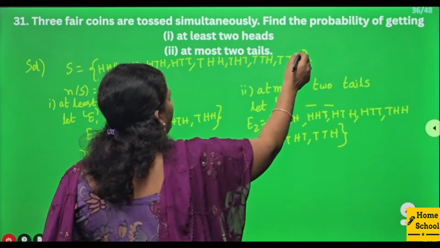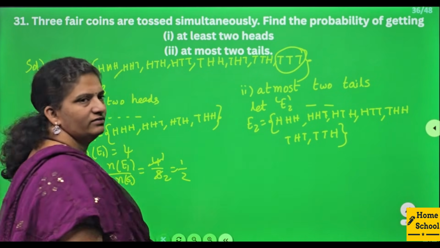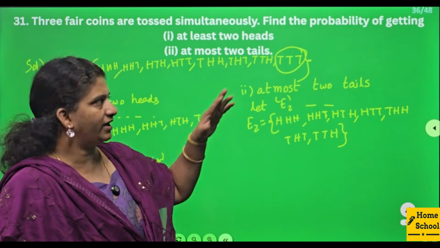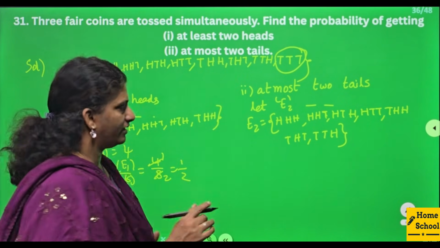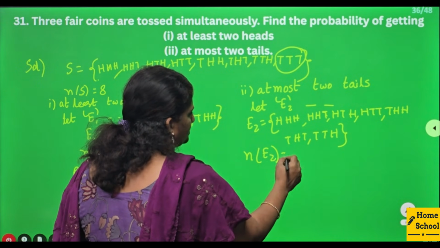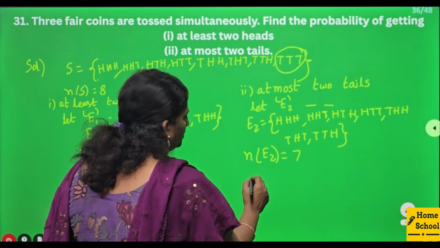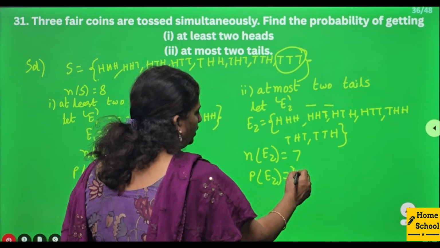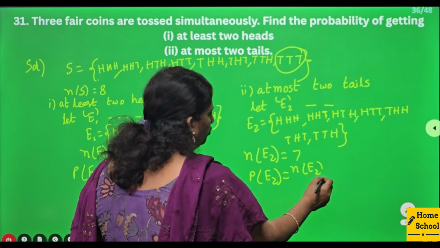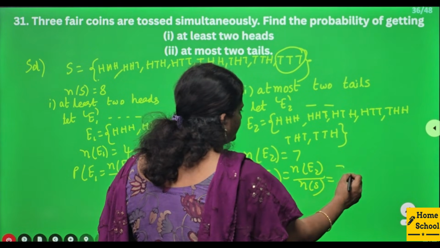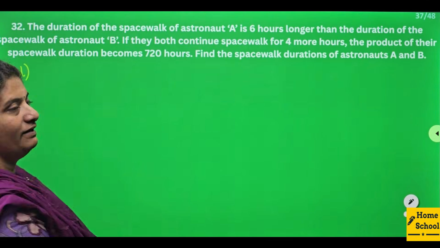Here we did not write only this one. At most 2 tails: 2 tails, 1 tail, no tail you have taken. So 3 tails I did not take. Therefore, total number of events is equal to 7. Probability of getting this event, P of E2, is equal to n of E2 by n of S. That is equal to 7 by 8, which is your answer.